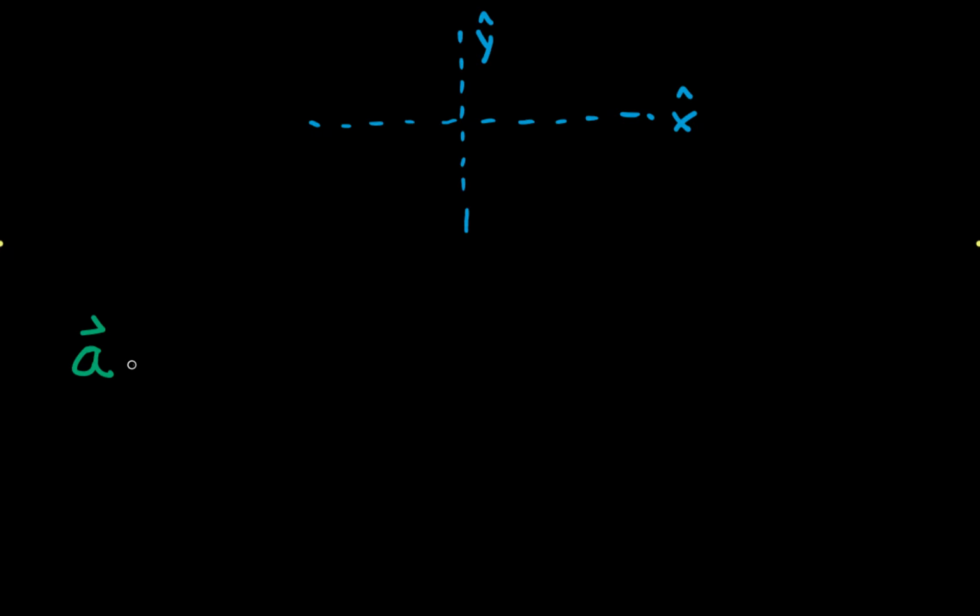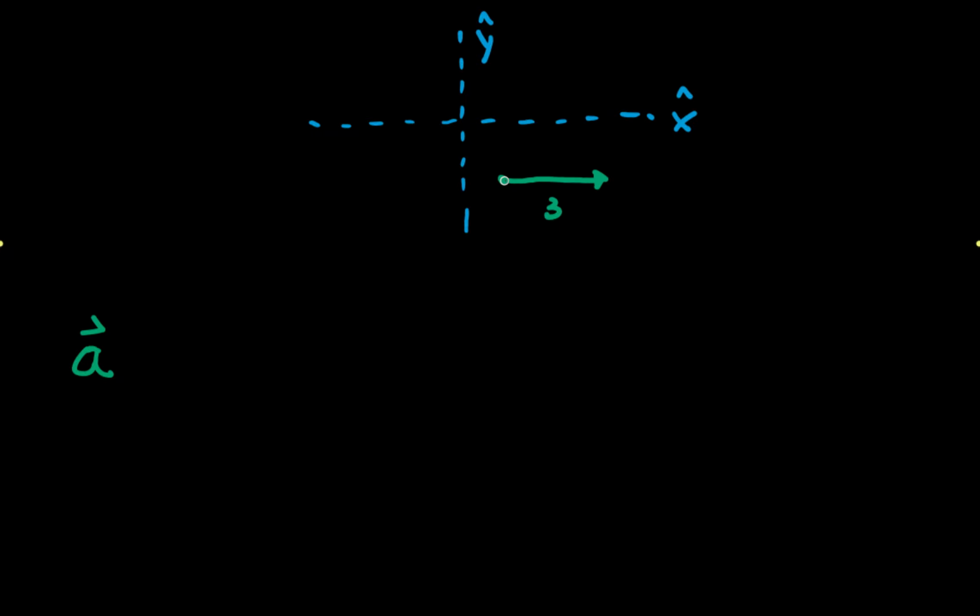So let's say we want to draw a displacement here, or some sort of quantity that is 3 units, and it points in the x direction. Arrows are great geometric representations of what vectors are.